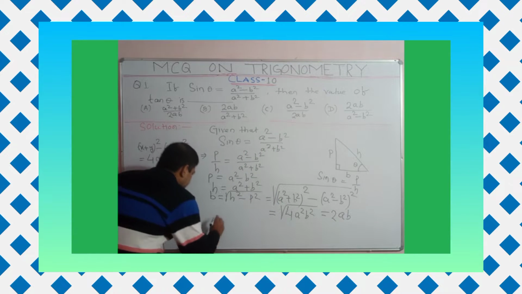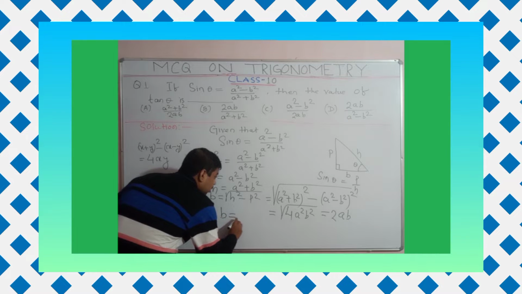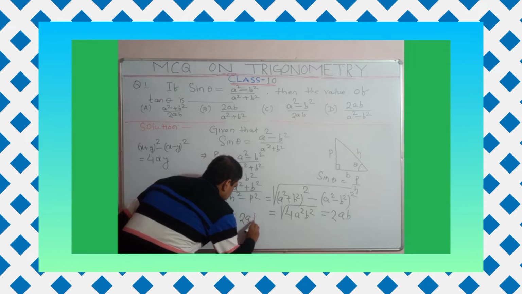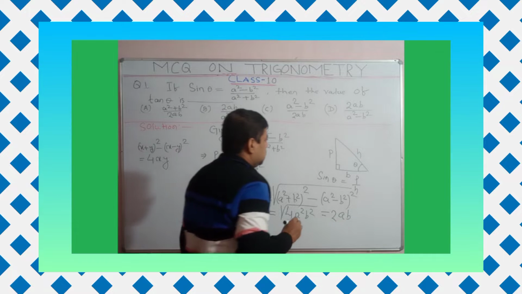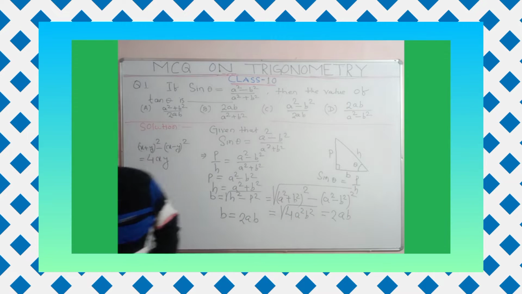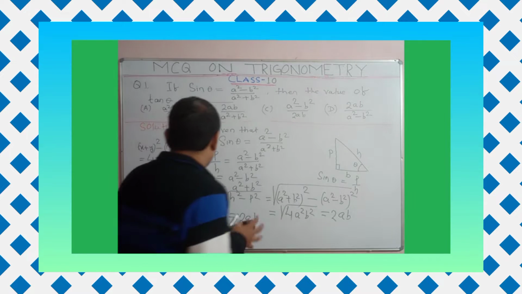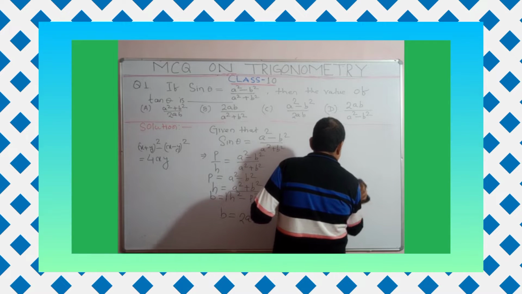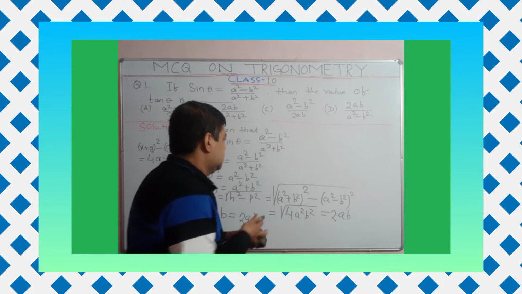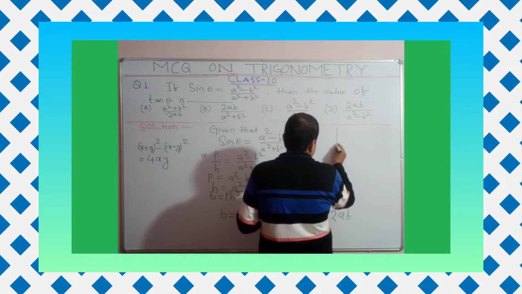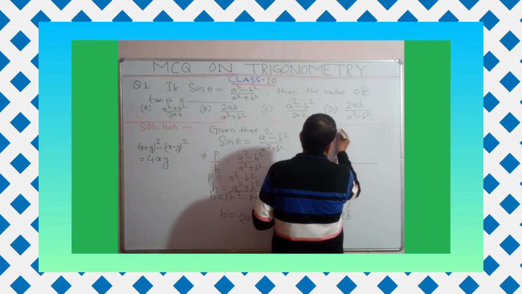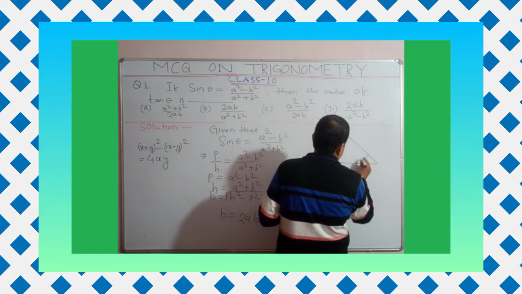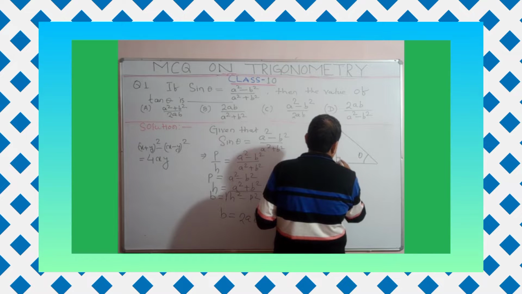So you got the base, the third side, 2ab. Is it clear? So we got the third side, 2ab. Understand? Now look at here. Let us draw the diagram. You see, this is a right angle triangle and this is the right angle.